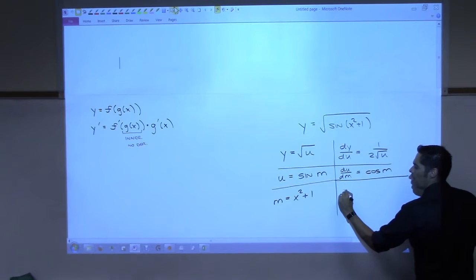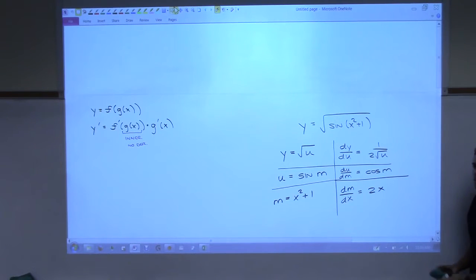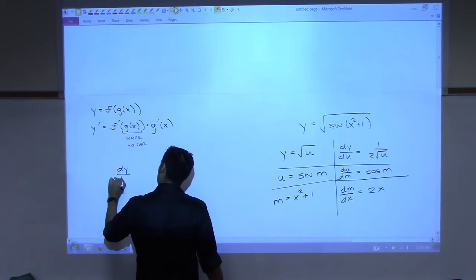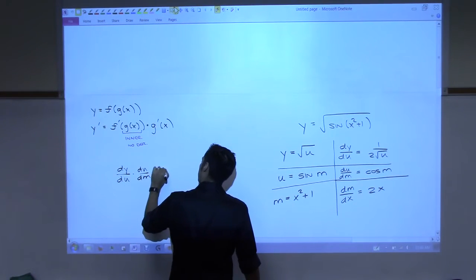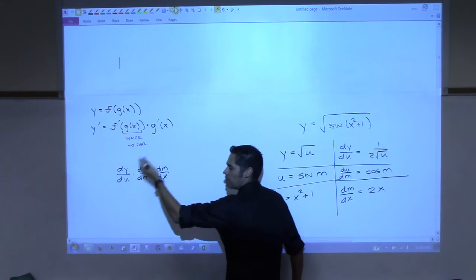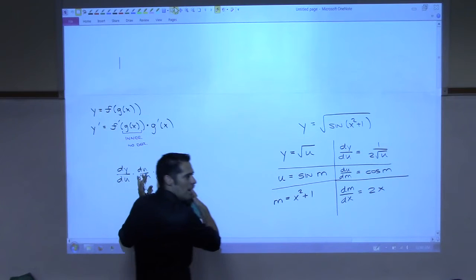And then here he would write dm dx, and this would be 2x. And if you multiply this times this times this, that should be the answer. Now, why is it the answer? What's dy du times du dm times dm dx? The dm's would cancel, the du's would cancel, and that would be dy dx. That's the logic behind why it works.